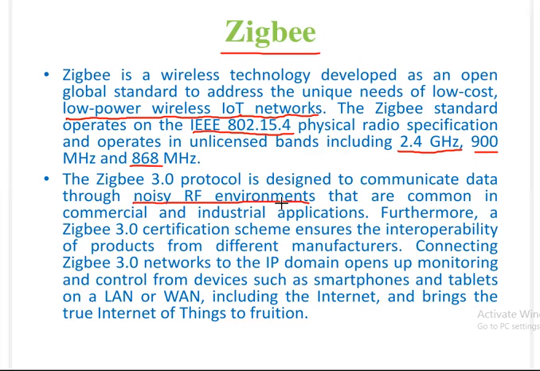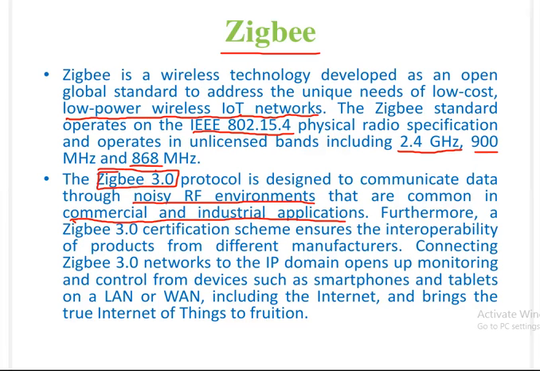The Zigbee 3.0 protocol is designed so that it can work even in a noisy RF environment, because these small devices are used in industry applications where noise is very common. So Zigbee 3.0 will work even in noisy RF environments such as commercial and industrial applications. Further, the Zigbee 3.0 protocol ensures interoperability.